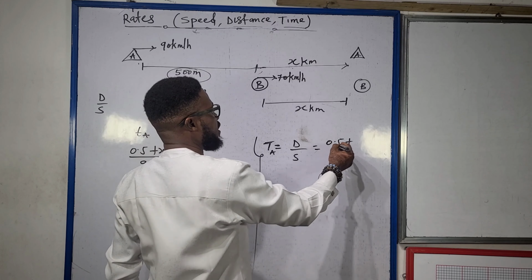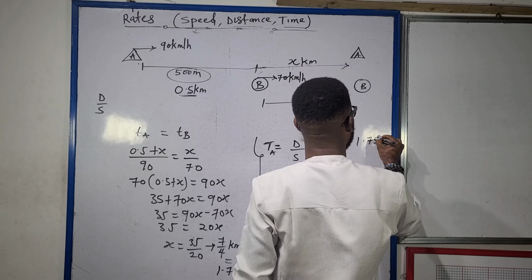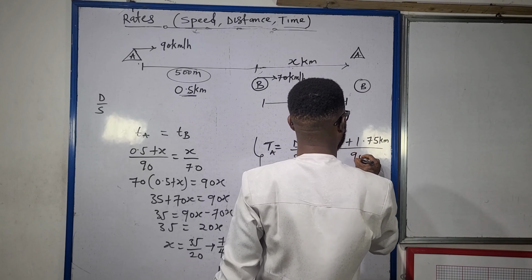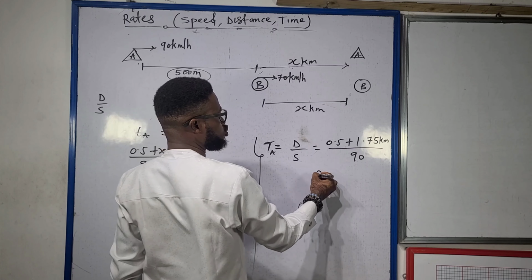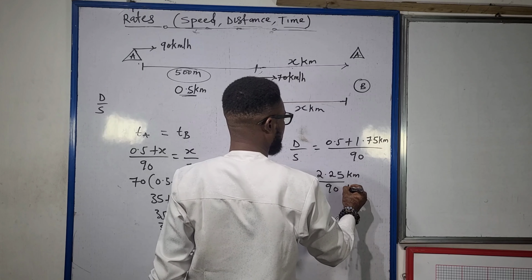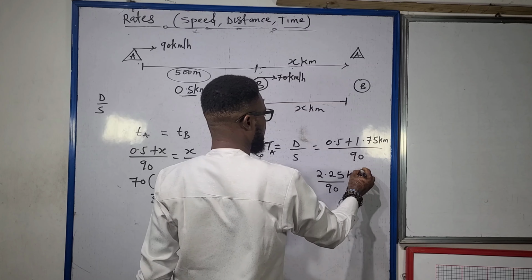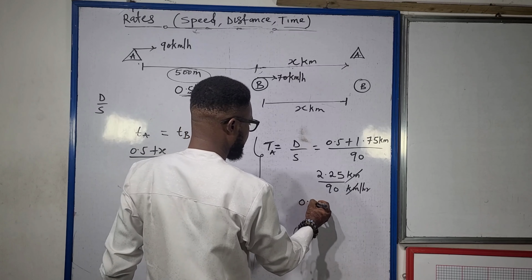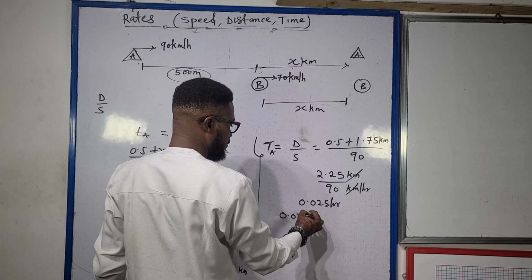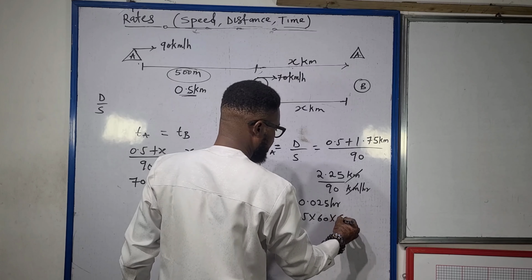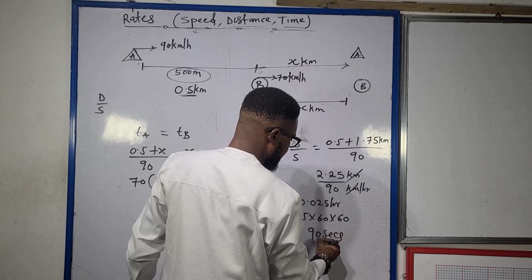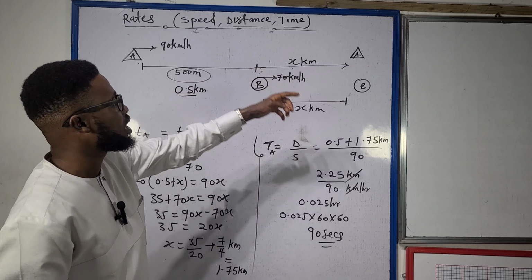So 0.5 plus 1.75 kilometers, okay, divided by the speed, which is 90. So this is going to be 2.25 over 90. That's kilometers divided by kilometers per hour. So kilometer cancels kilometer. That is 0.025 hours. That will be 0.025 times 60 times 60, first to minutes and then to seconds. So 90 seconds. That is what it will take for car A to catch up with car B.